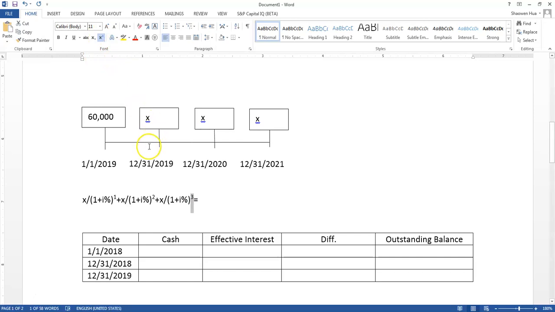When we try to figure out the present value of these future payments, we use division. So these 3 payments together should be equal to the present value, the amount of money I received today.